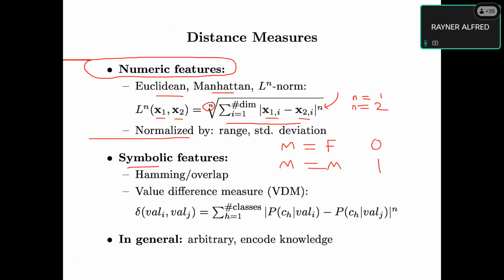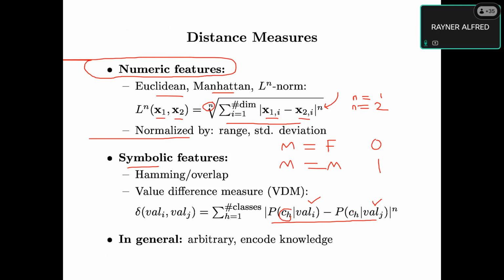We could also use the value difference measure, where we find the conditional probability differences between two values. This is the first value, this is the second value. We are looking at, given this value, what is the probability of having this value in this class. So basically we are looking at the differences between the conditional probabilities of the different values.